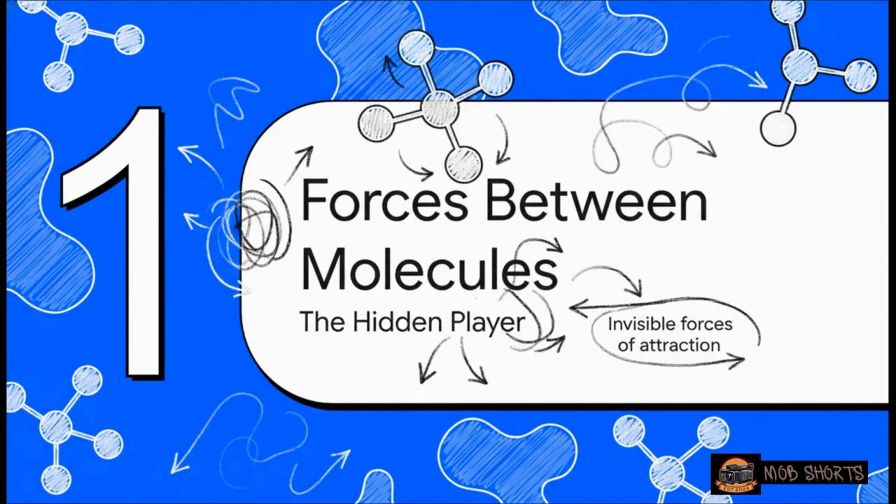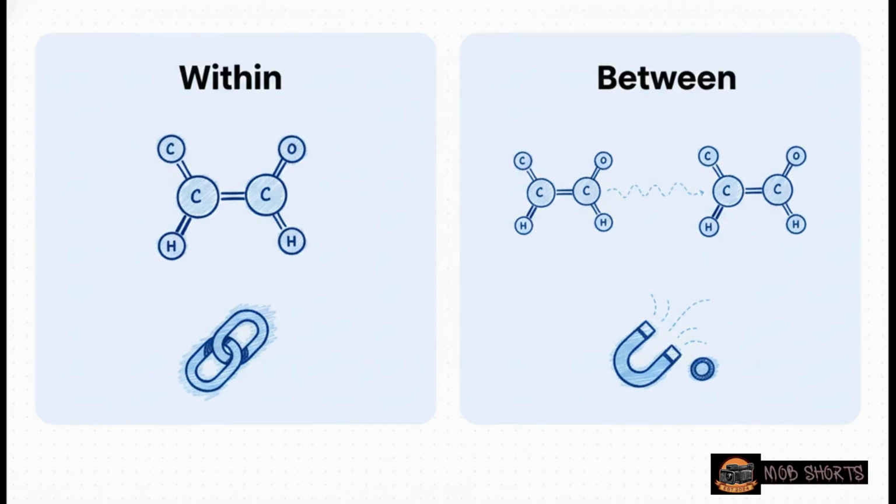Okay, so the secret to our boiling point puzzle isn't about what's happening inside the molecules themselves. Nope. The real answer lies in these invisible forces of attraction that exist between them. That's the hidden player. Now listen up, because this is a classic exam trap. Intramolecular bonds, think covalent bonds, are the super strong glue holding a single molecule together.